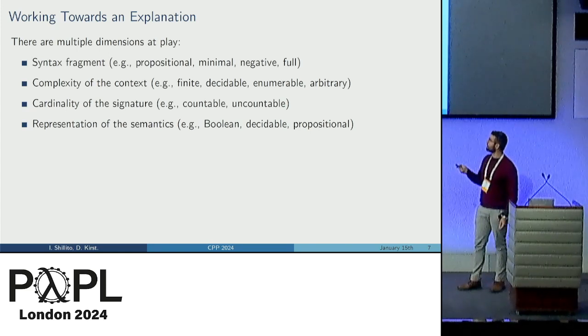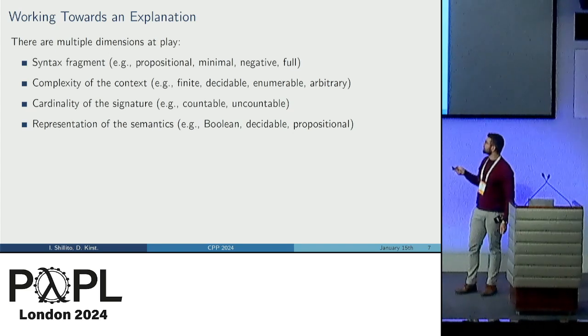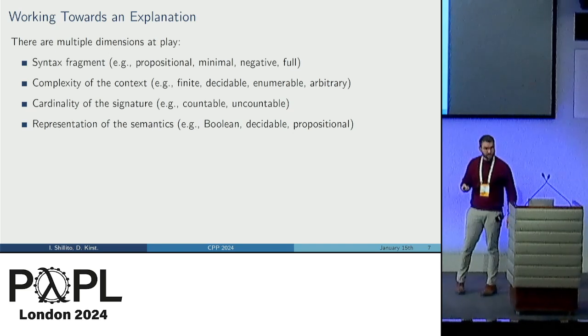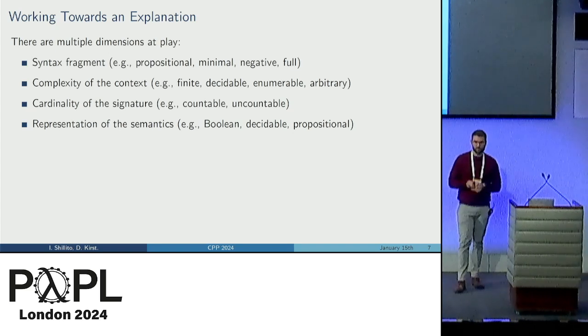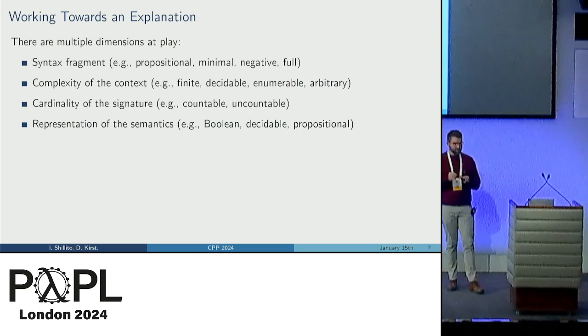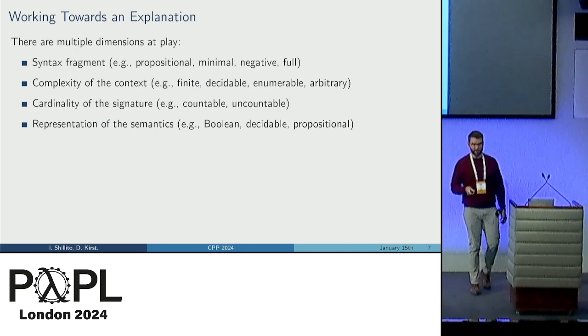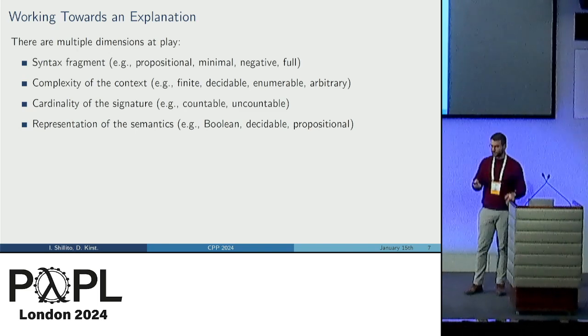Just quickly, things that can play a role are which syntax you're actually interpreting, what complexity of contexts you admit, what the cardinality of the signatures is, and what the representation of the semantics is. All of them can be chosen independently. They don't really contribute independently to the status of completeness, so there's even some interplay going on. So the landscape is really rich.